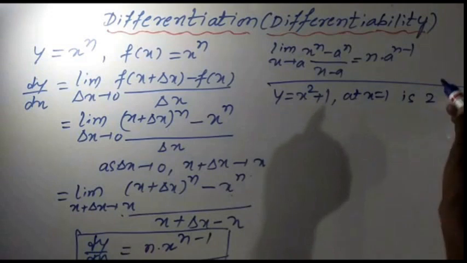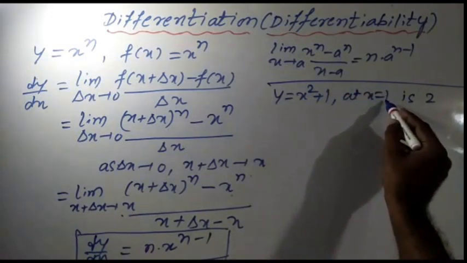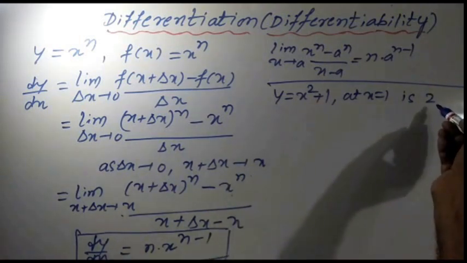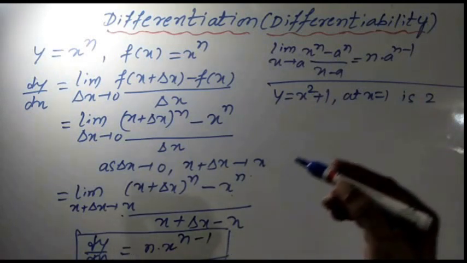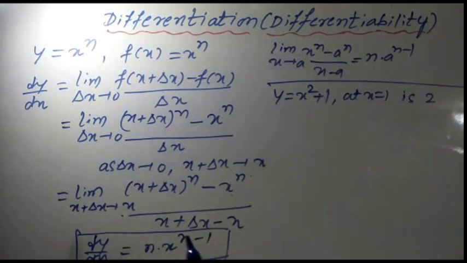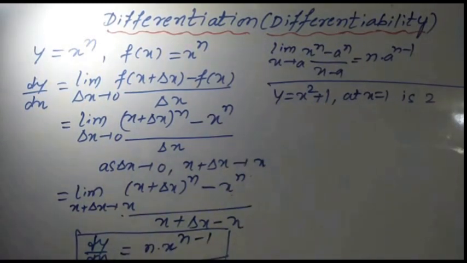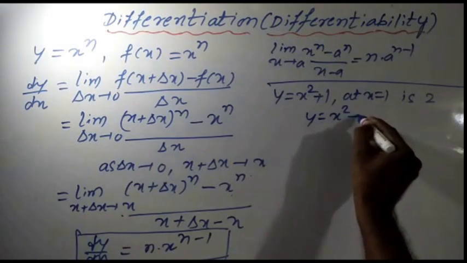Already the geometrical meaning we have studied. Now check this result. The graph is y is equal to x square plus 1.